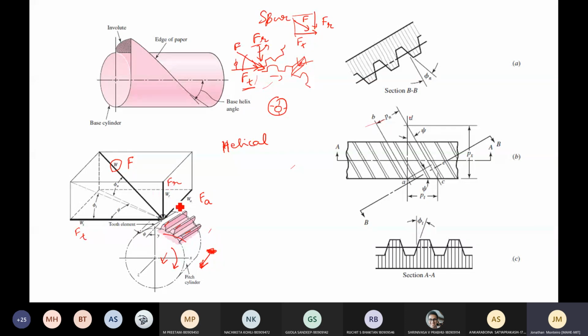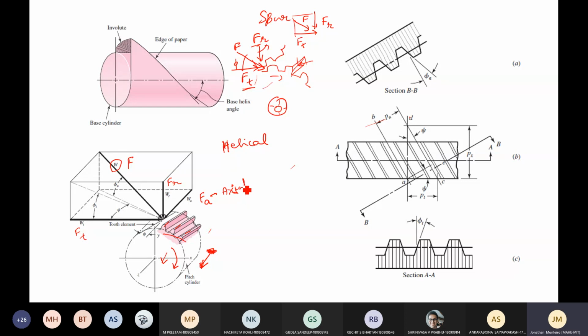Then Fr, yes, of course, that is also there, but that component is quite small when compared to Ft itself, and that is obvious. But there is one more additional component called Fa, or also called Wa. What is this? This is nothing but axial force. This was absent in the spur gear. This axial force component was not at all necessary.